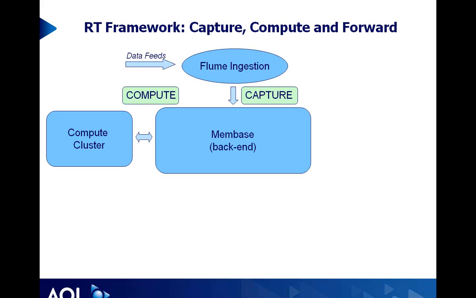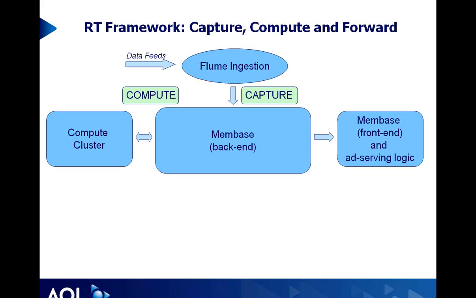So the first part where we load the 15-minute burst into Membase is called capture, and the second is called compute. Depending on the job, output is written back to Membase as input to subsequent job or longer-term staging, or to HDFS for backend processing.